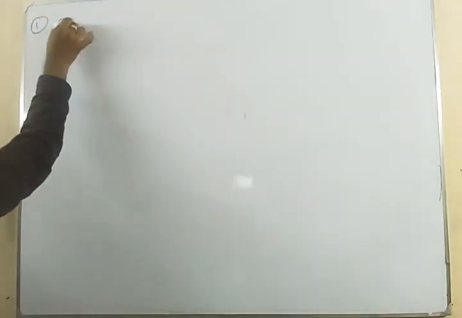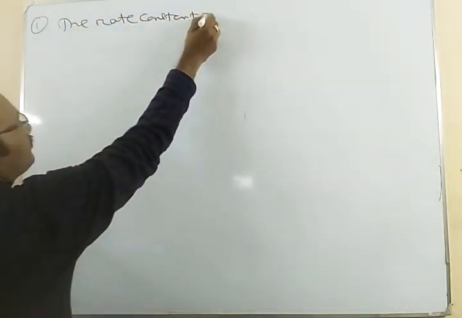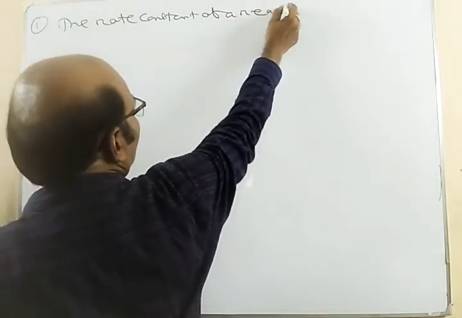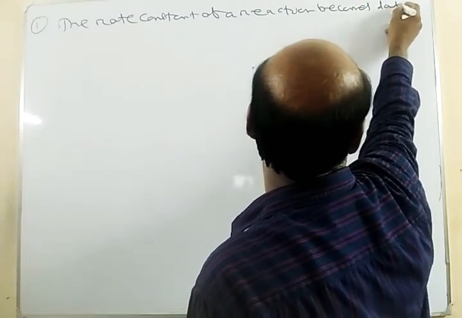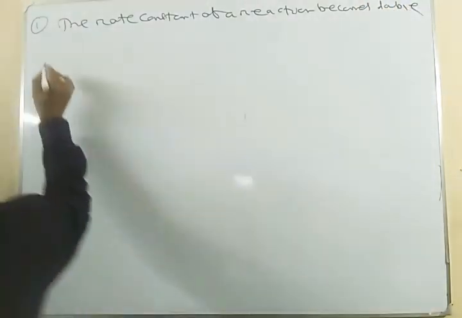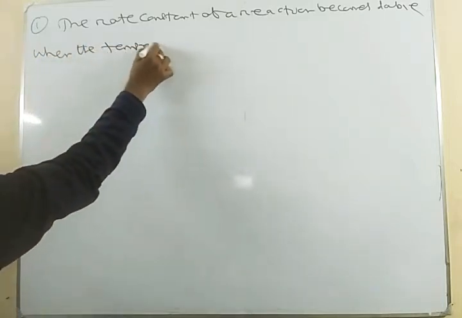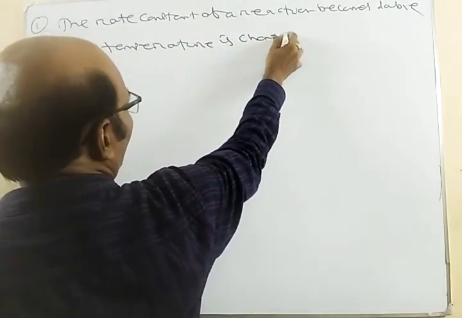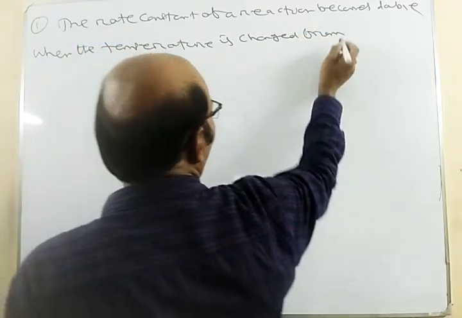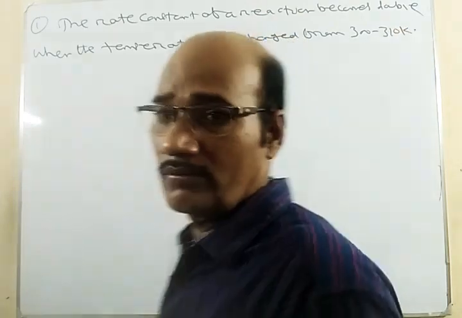Suppose the rate constant of a reaction becomes double when the temperature is changed from 300 to 310 Kelvin.